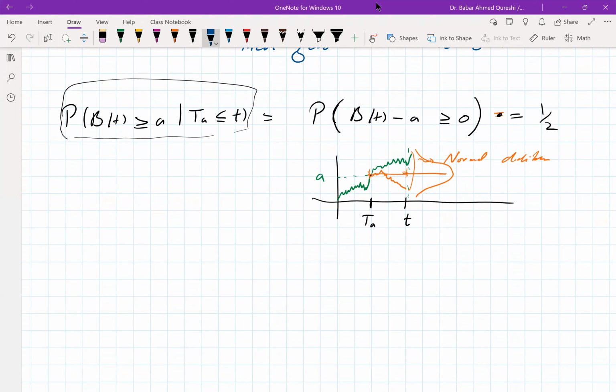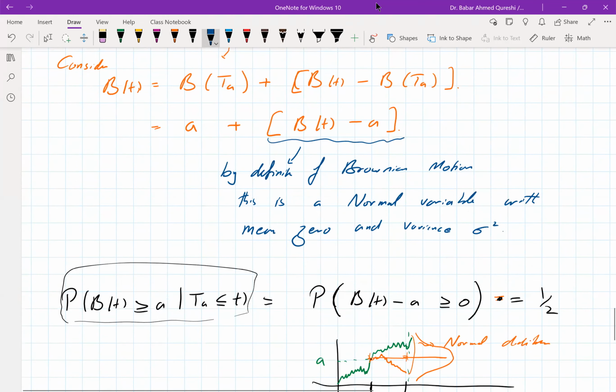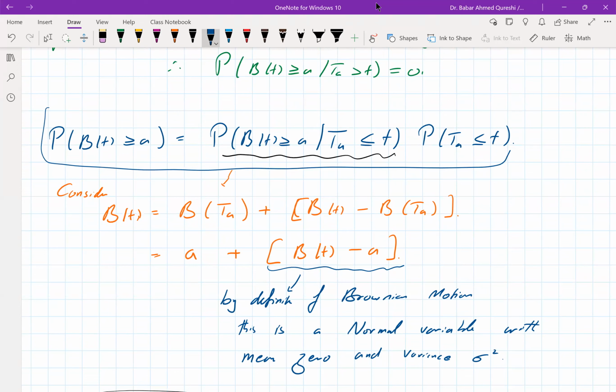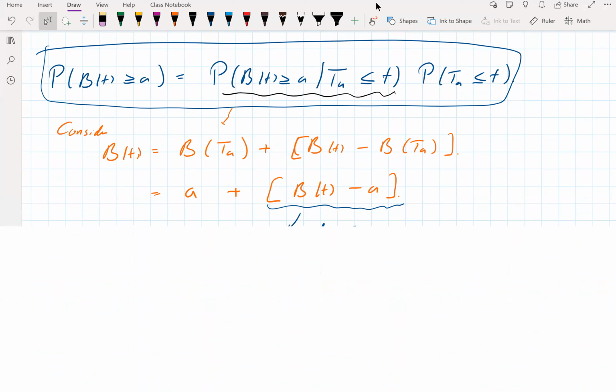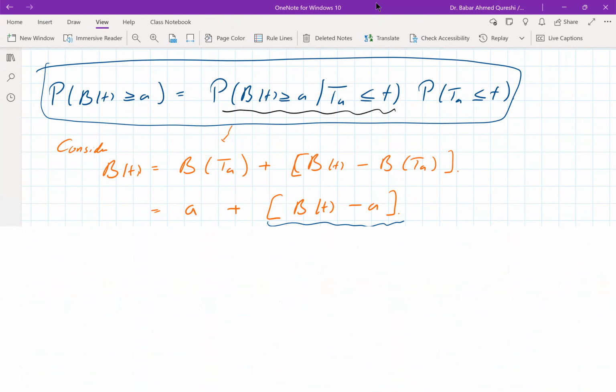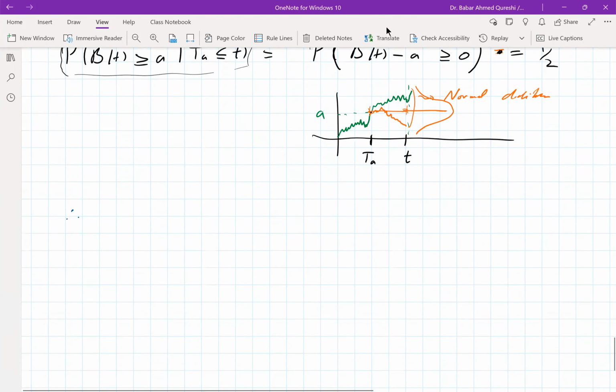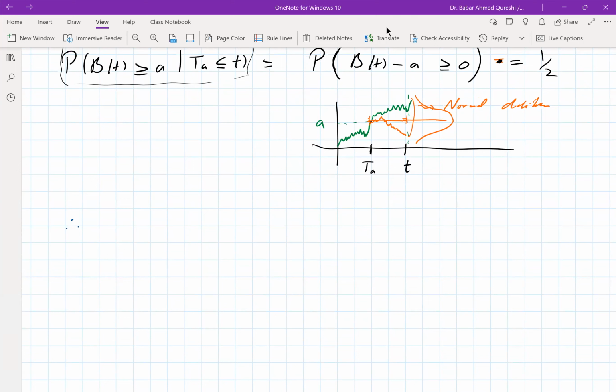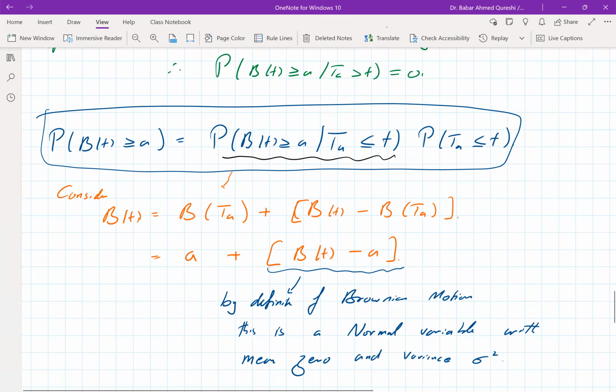Therefore, we get from this equation the probability of T_A being less than t, because on this side I have B(t) being greater than A, and this term became half.